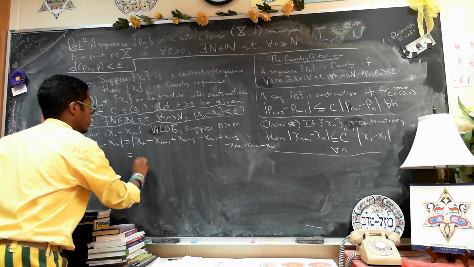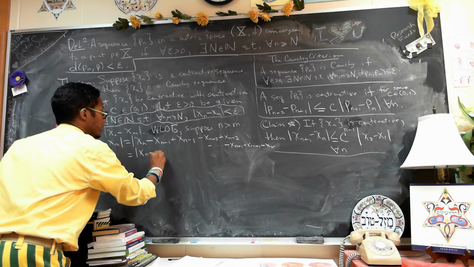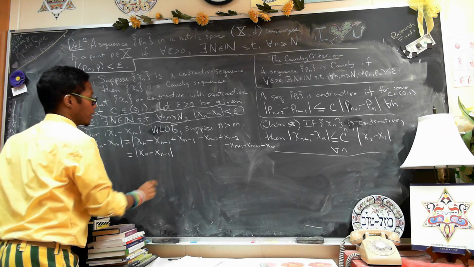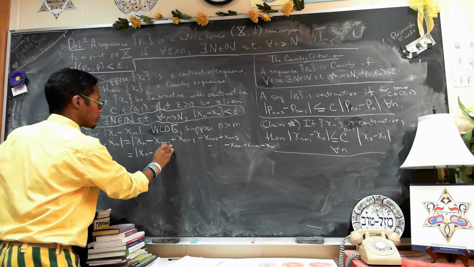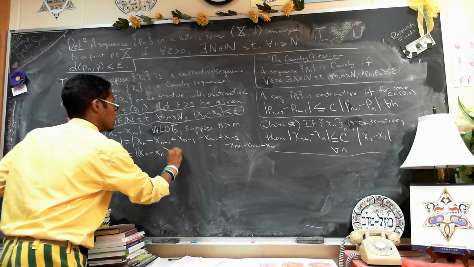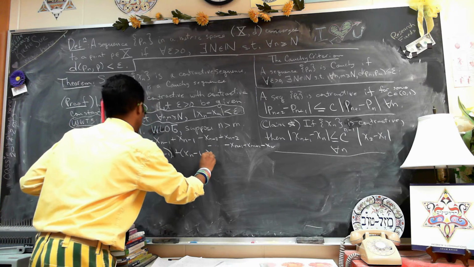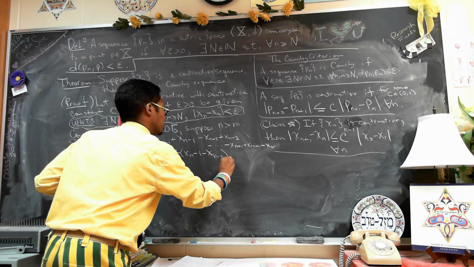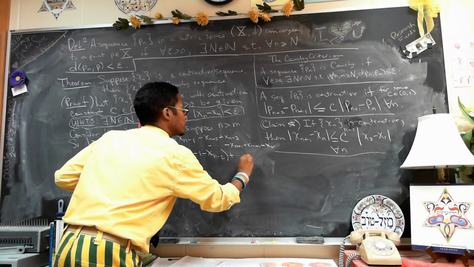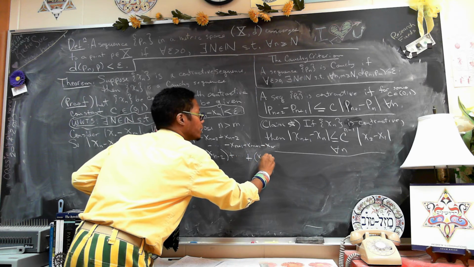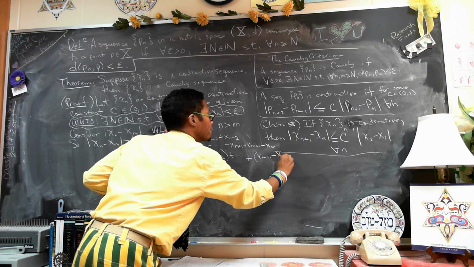And I'm going to associate the like terms, x sub n minus x sub n minus 1, I'm going to associate those two terms, plus x sub n minus 1 minus x sub n minus 2, plus dot dot dot, down to this last one, x sub m plus 1 minus x sub m.